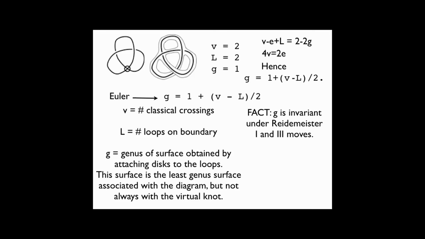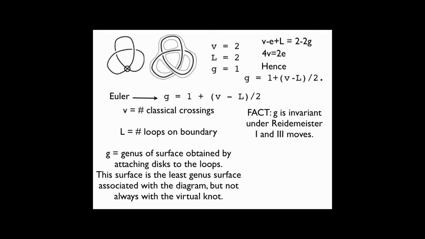So if you ask yourself, well, what would the genus of the surface be? You have a graph in that surface that you have created. The vertices of that graph are the classical crossings in the original diagram. The edges in that graph are the number of edges in the original diagram, where I do not count a virtual crossing when I'm looking at an edge.